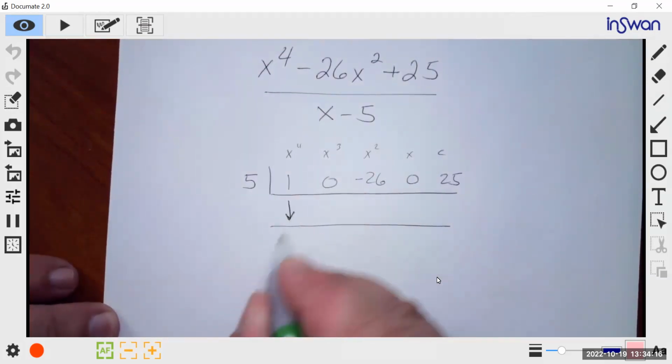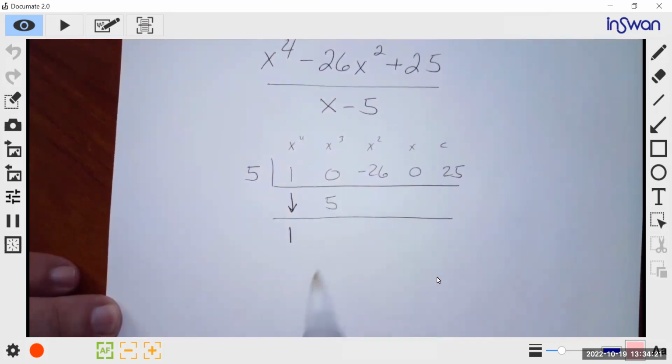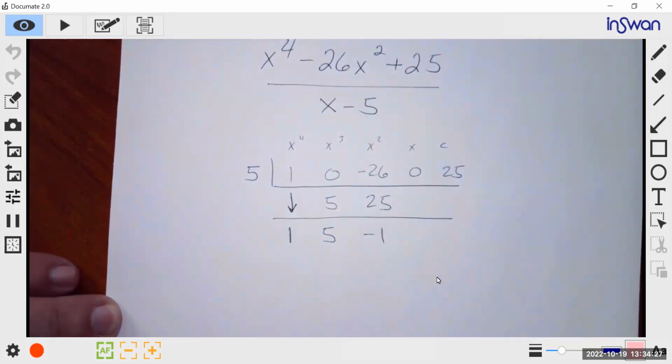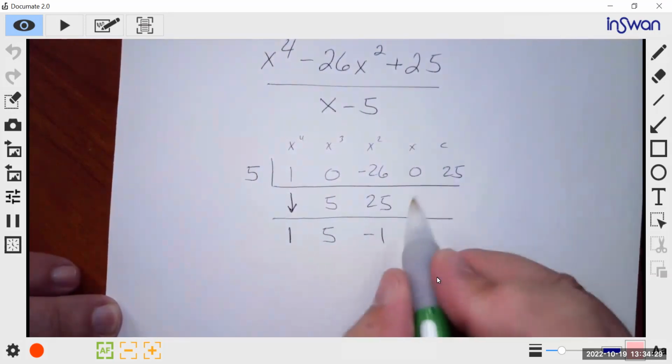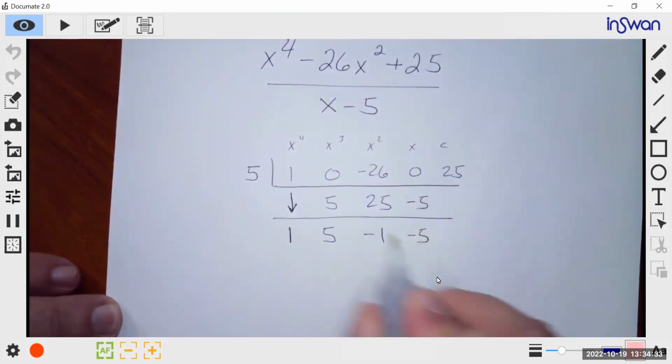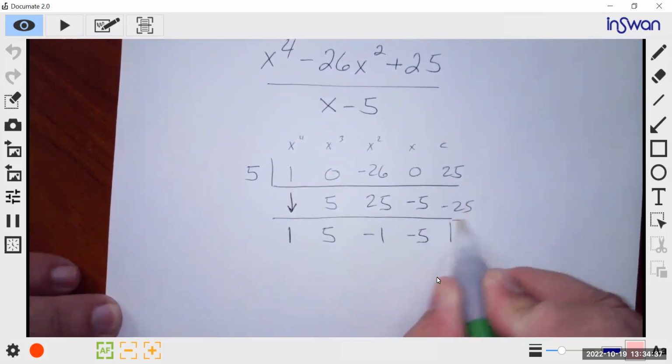Bring down the first one. 5 times 1 is 5. 5 plus 0 is 5, and 5 times 5 is 25. Negative 1. 5 times negative 1 is negative 5. Plus 0 is negative 5. 5 times negative 5 is negative 25. That gives 0.